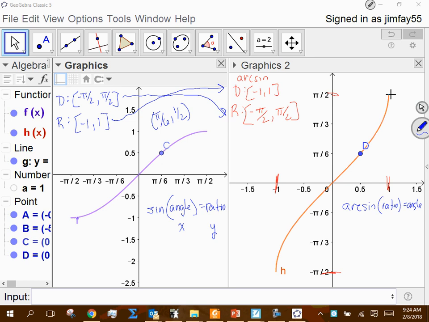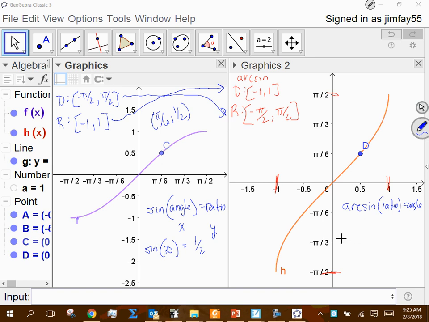But there will be times where we know the sine of, let's say, 1/2. If I have a ratio of 1/2, what is the angle that goes with that for the sine in the first quadrant? 30 degrees.